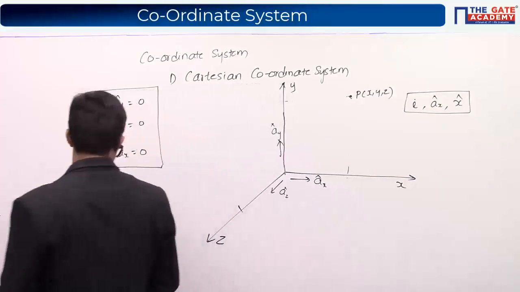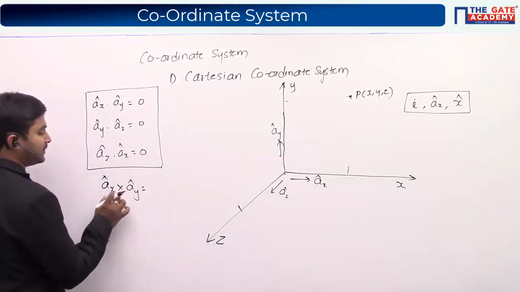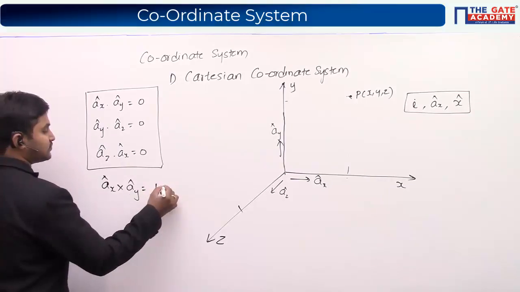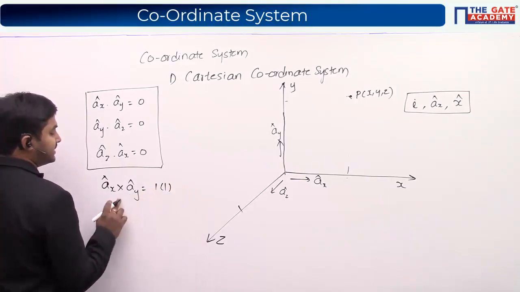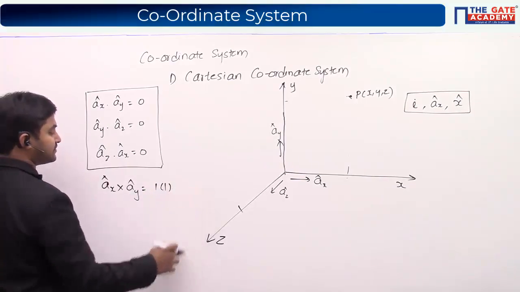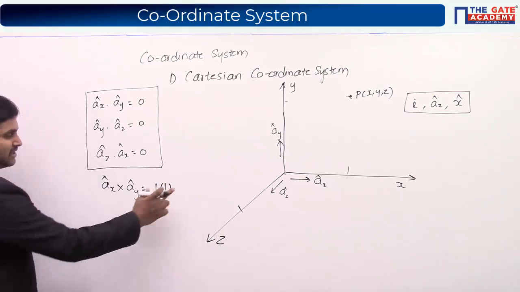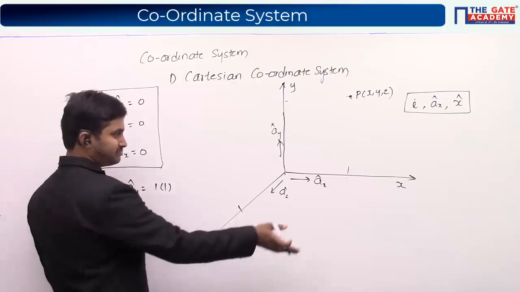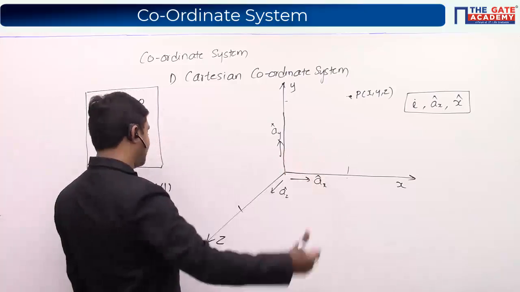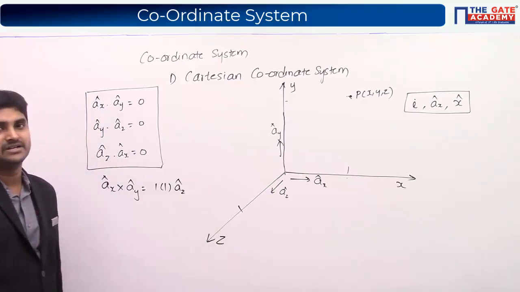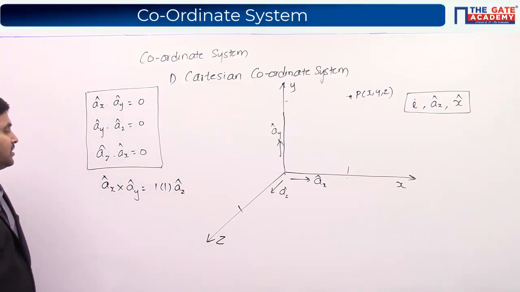Here it will be equal to the magnitude of this, which is 1, times the magnitude of this, which is 1, times sin 90 degrees, which is 1. And what is the direction? X cross y, you will get z. So you'll be getting the unit vector in the normal direction, which is nothing but the z direction.